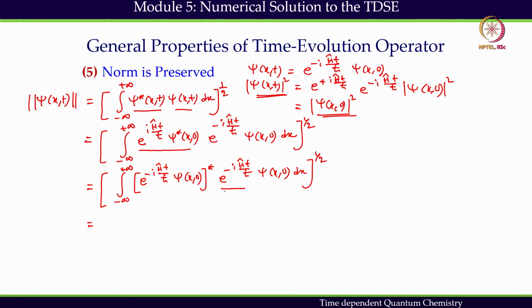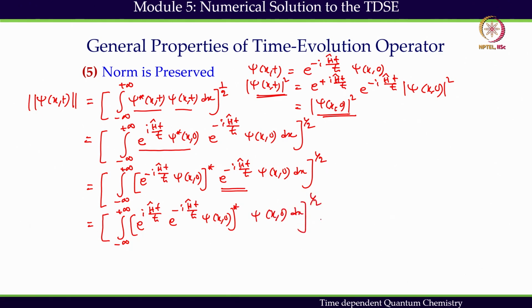So if I take the adjoint of this, it's going to be the integral from minus infinity to plus infinity of e to the power i H t by h cut e to the power minus i H t by h cut psi x 0 star psi x 0 dx to the power half.